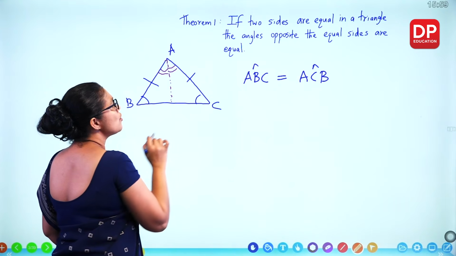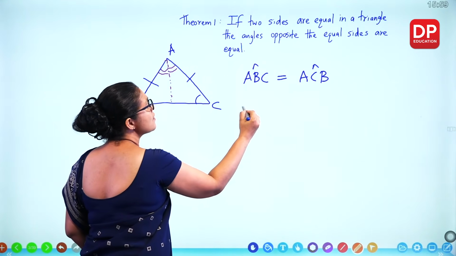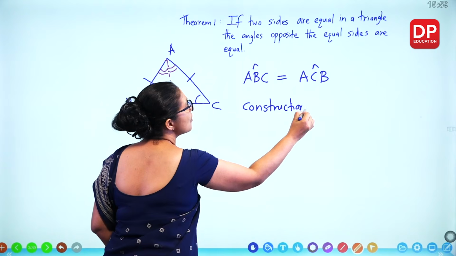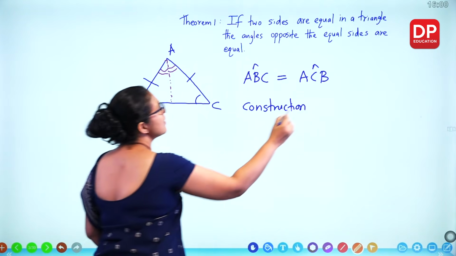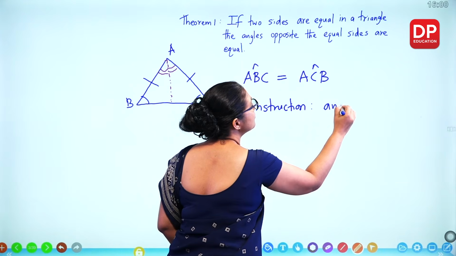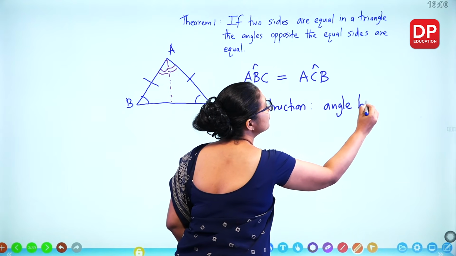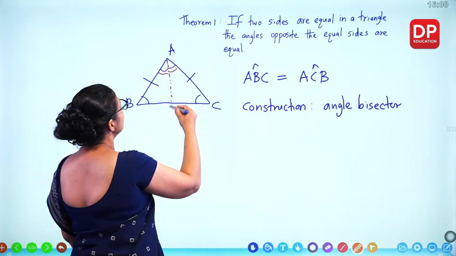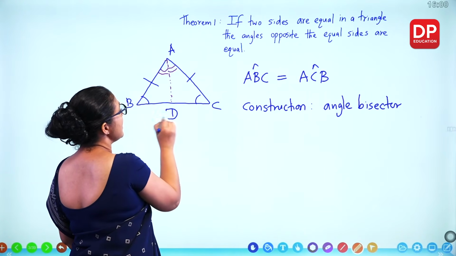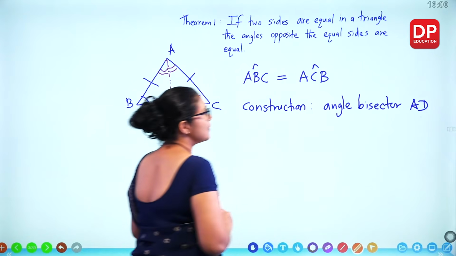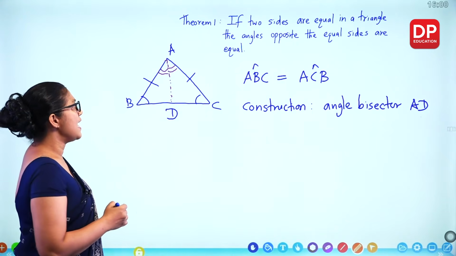So we need to do a construction. We are drawing the angle bisector, let's say AD. So we are drawing angle bisector AD.